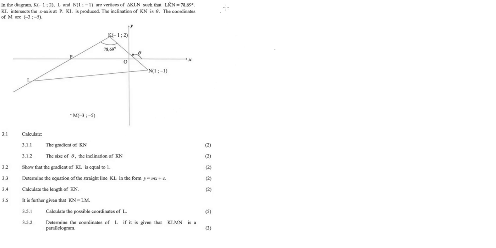The first question says 3.1, gradient of KN. The first thing you have to do is write the coordinates of K and N. The coordinate of N is 1, minus 1.